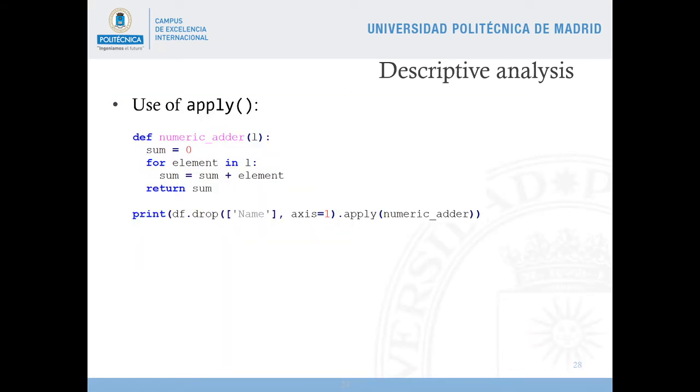We created our own function, which is an adder, but it's just a numerical adder, because the sum function can be applied to strings, but this function cannot be applied to strings since we're starting this variable at 0.